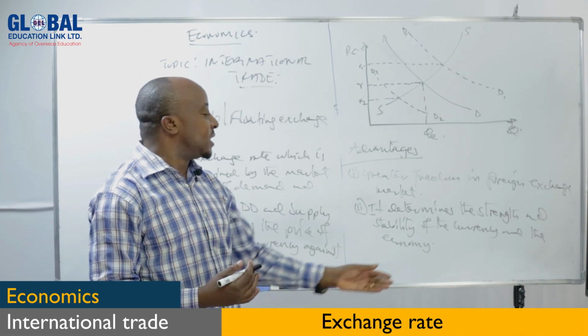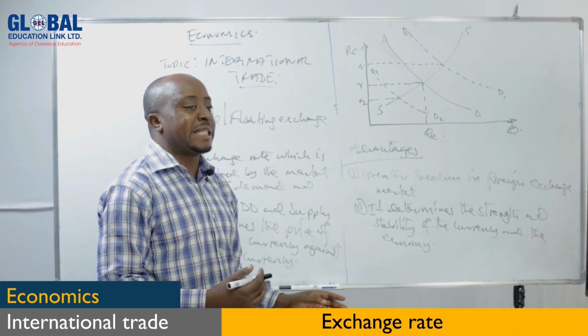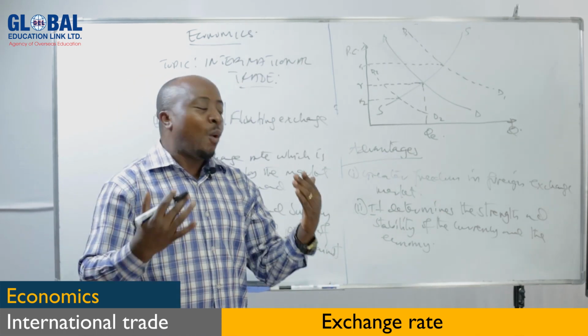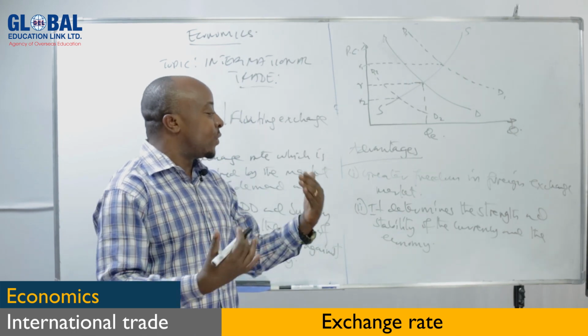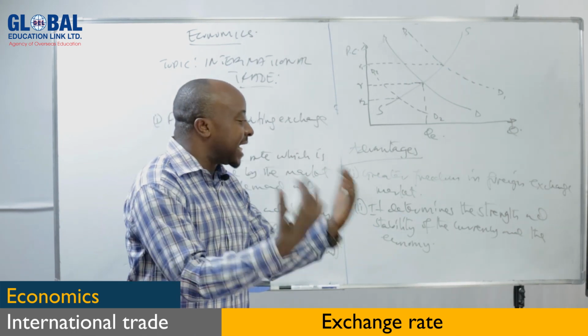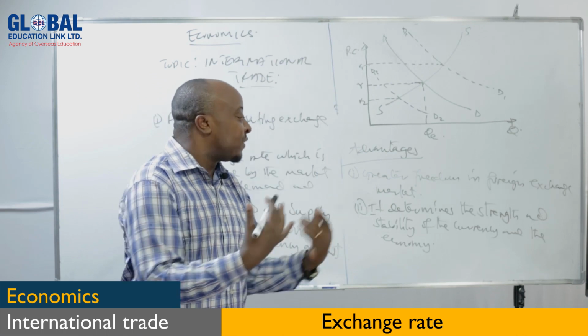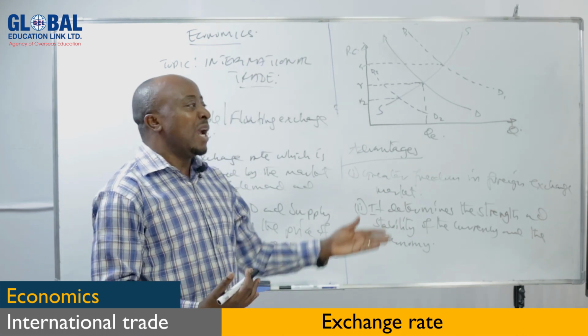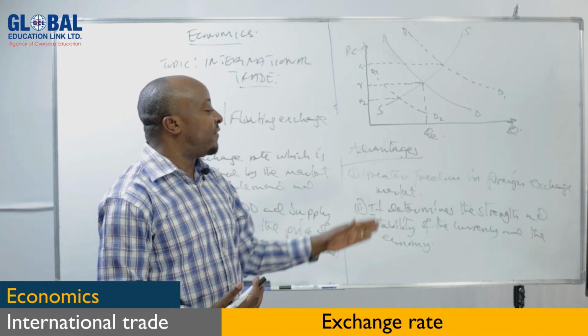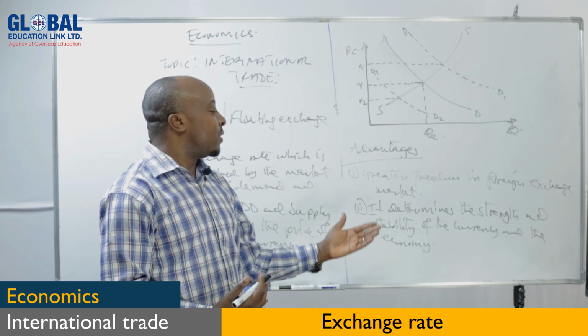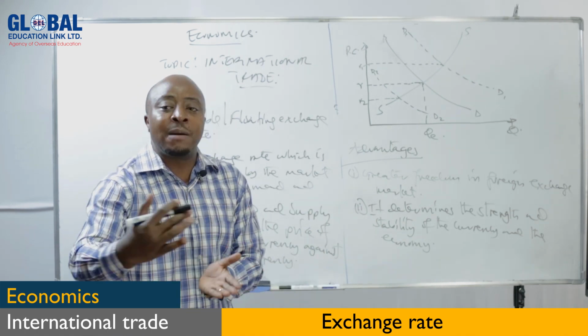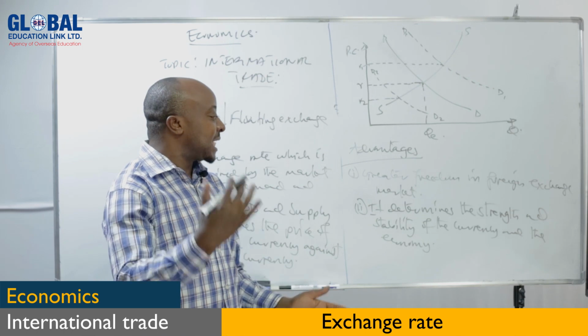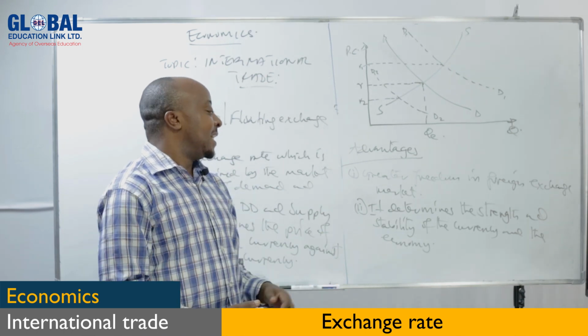It means when we use this form of exchange rate, it is very easy to know whether our economy is stable or not. It is used to know the strength of the economy and the strength of the currency. But if the government is intervening from time to time, it cannot be easy to know whether the economy is stable or not, because there is no such freedom of demand and supply.